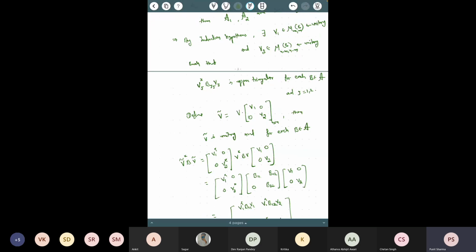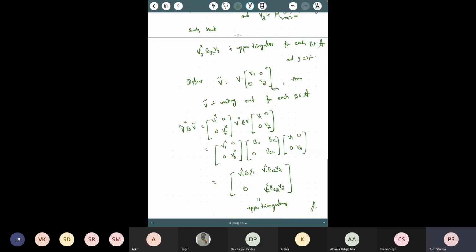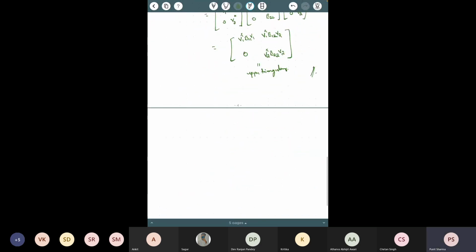Okay. So let me recall what we have done so far. We have learned unitary matrices, and then we saw that they are useful in many ways, and are more important from a numerical point of view.